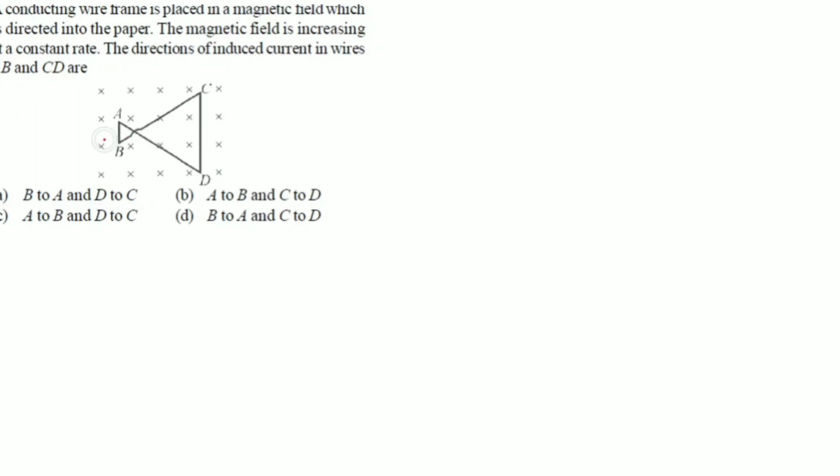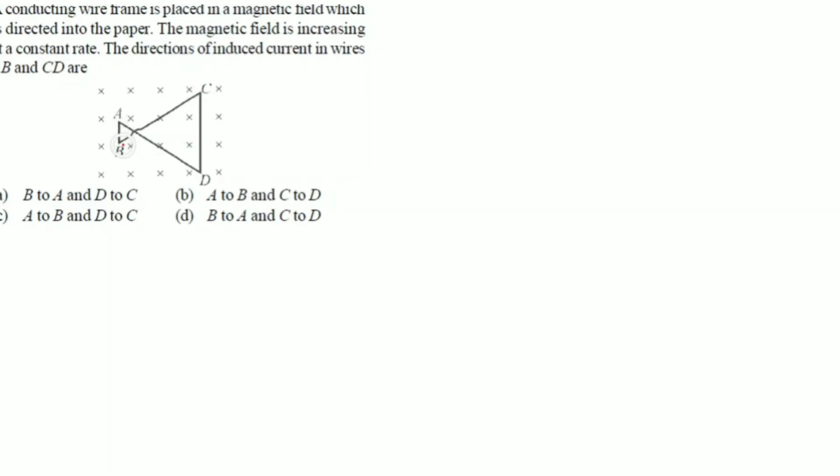When the magnetic field is increasing at a constant rate, the magnetic flux linked with this frame also increases, and induced EMF takes place. So now we have to find the direction of induced current in the wires AB and CD.